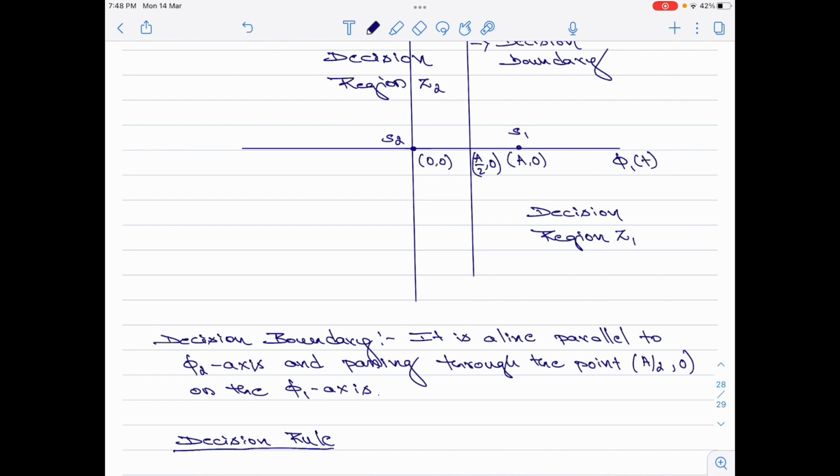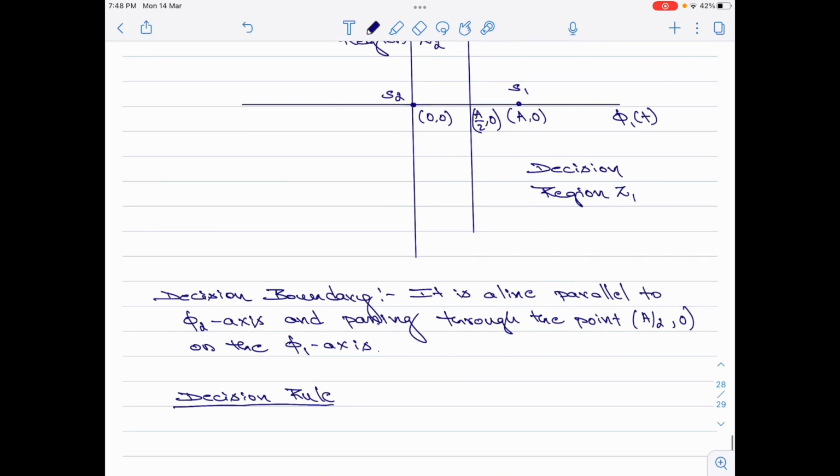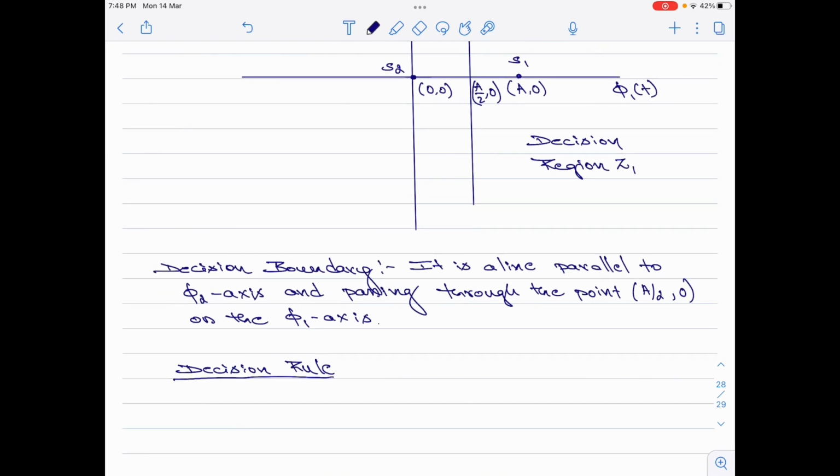Please remember, we will not be using the coordinate x2 to make a decision here, because the signals S1 and S2 are both located on the phi 1 axis itself. Therefore, the decision rule will be: choose S1 of t if x1 is greater than or equal to A by 2, otherwise choose S2.